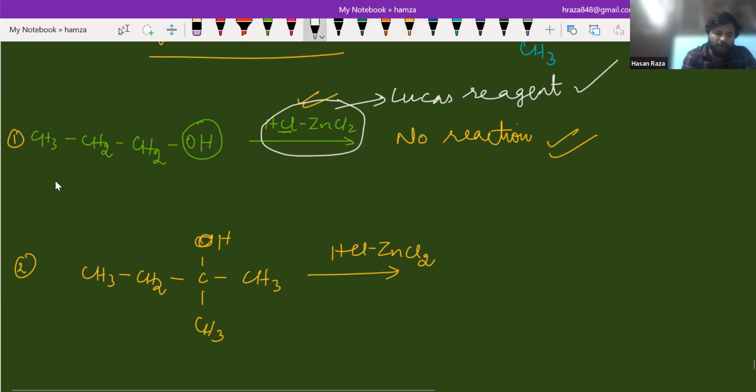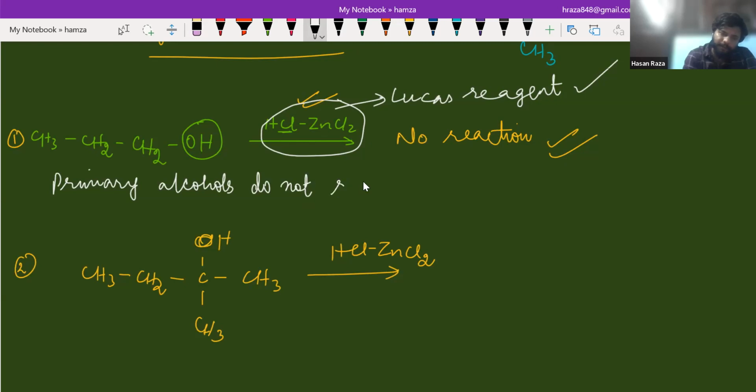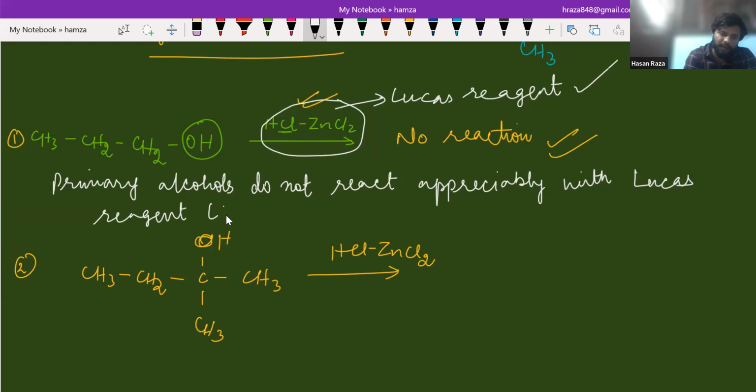Why is it so? I'm going to write a point which is very important for you. Write with me: primary alcohols do not react appreciably with Lucas reagent, that means HCl and ZnCl2, at room temperature.